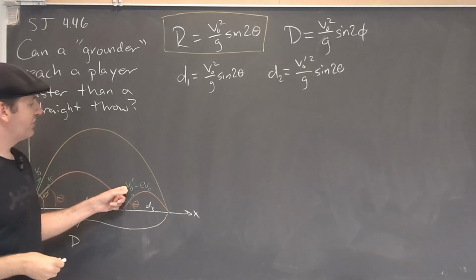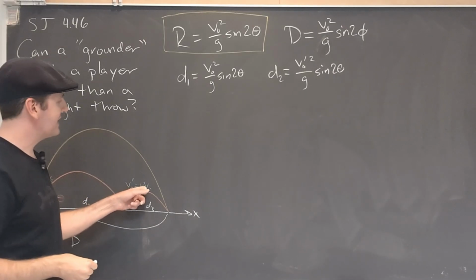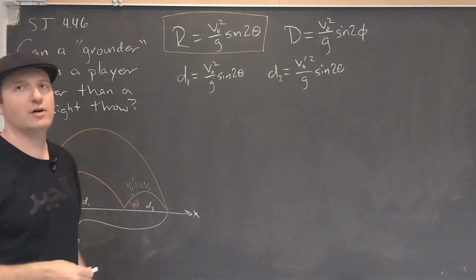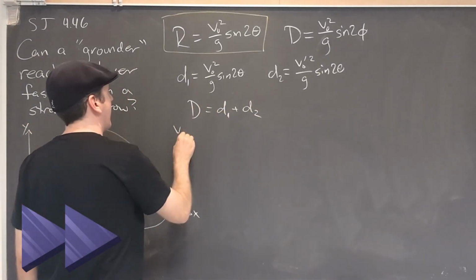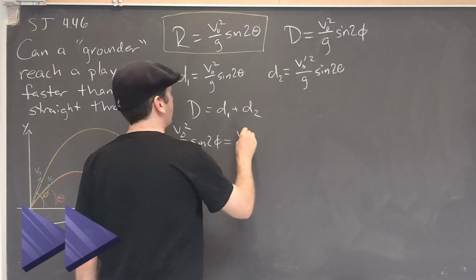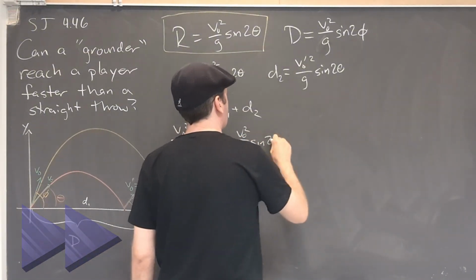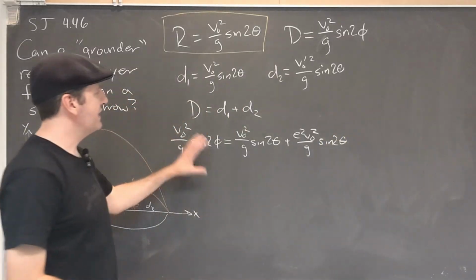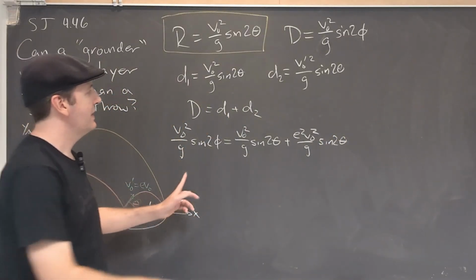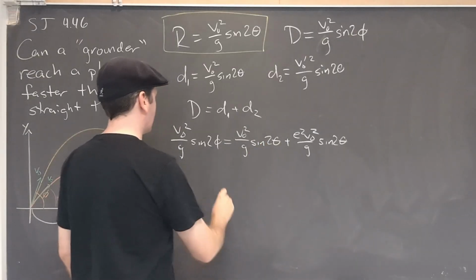Let's also go ahead and plug in v naught prime as e times v naught, just so we can cancel all of those common v naughts. So there's a v naught squared over g in every single term, and then these two can be kind of grouped together.